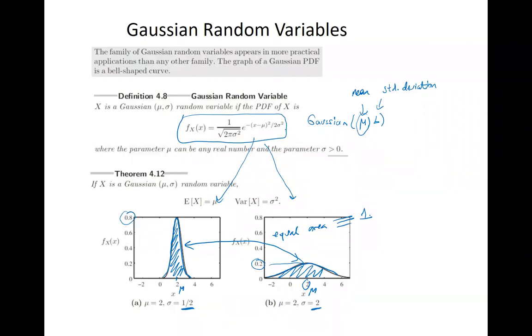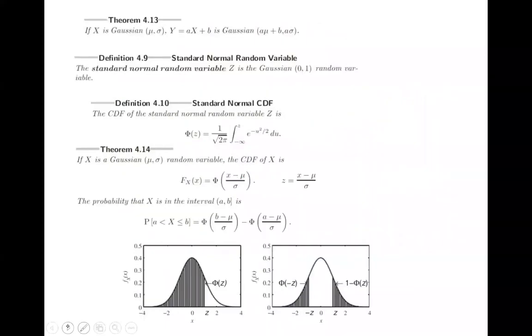You remember the integration of the PDF simply is 1. Okay, then this should be 1. So whenever we see a very spread out Gaussian random variable PDF, then we simply think that the standard deviation is high. When it is sharp, then the standard deviation is low.